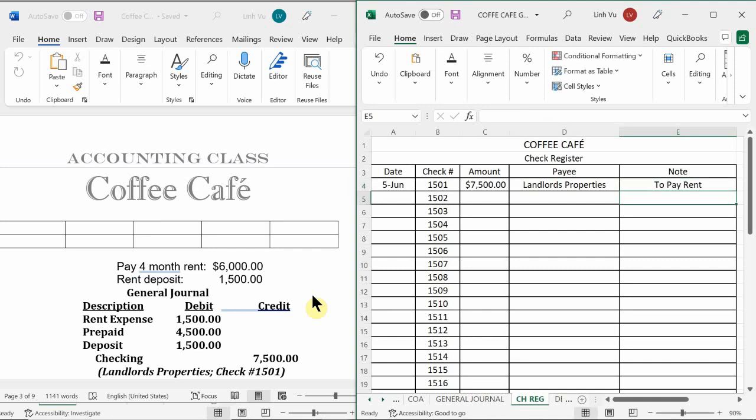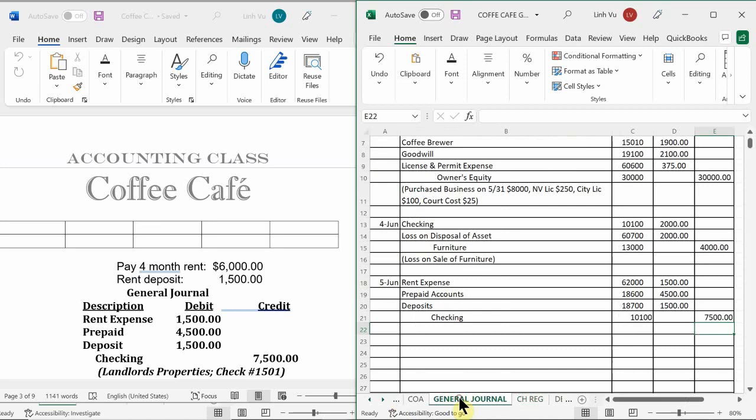You could put: to pay rent. Okay. So go back to your journal, because now the most important thing here is that we have a check number. This is very useful, especially when you're trying to keep track of where your money goes, right?